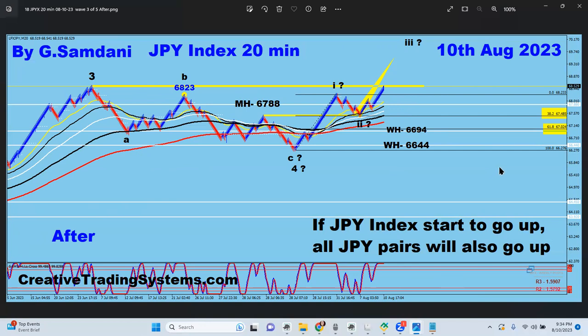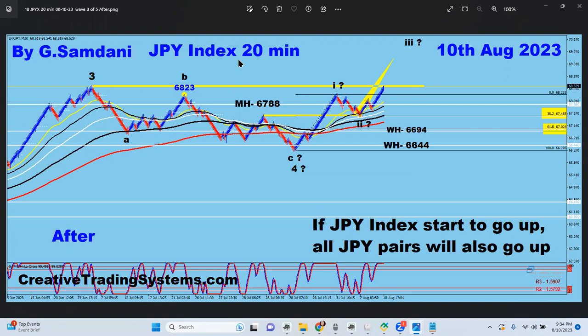And yeah, early in the week I thought, oh my God, man, what if I'm going to get some, but thank God, yen saved me. So this is how you use indexes, and on the back of the news, watch the index, where it's going, and all the pairs involving that particular currency will move.